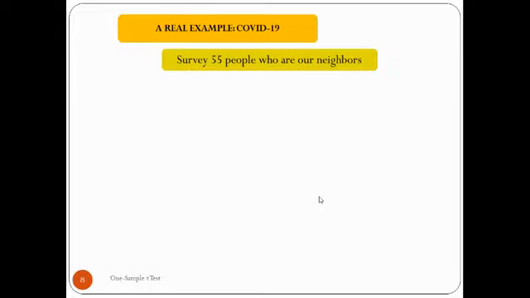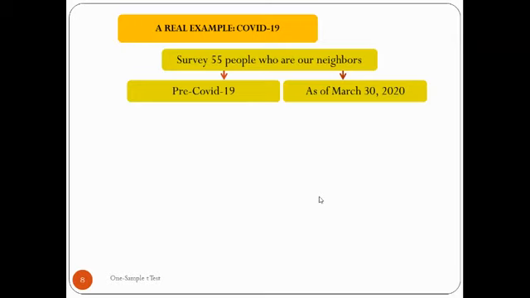For example, you are interested in finding out some change in the way people conduct their daily lives. Let's say you decide to survey 55 people who are your neighbors. So you're going to ask them about some activities that they used to engage in in the pre-COVID-19 situation, and as of March 30th, 2020.